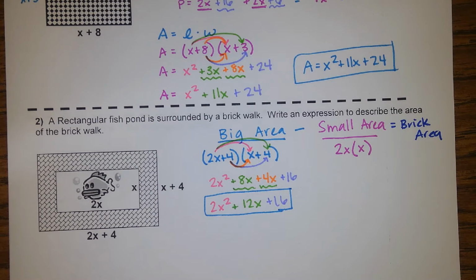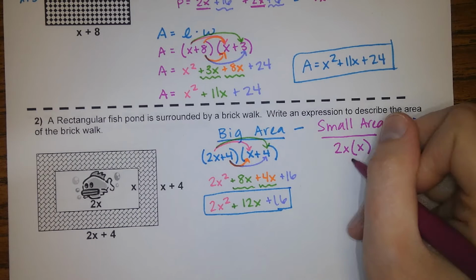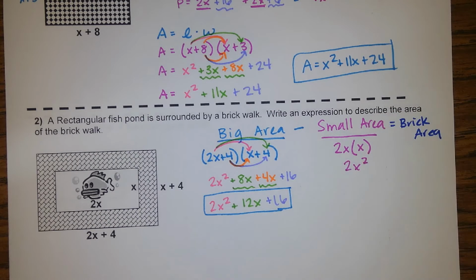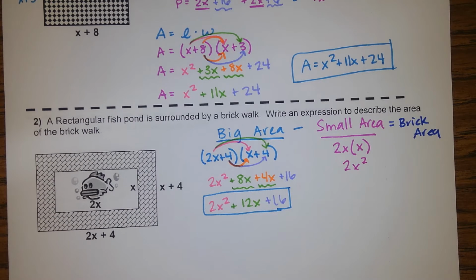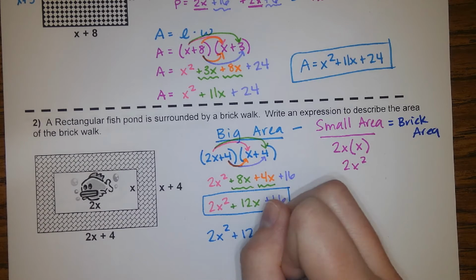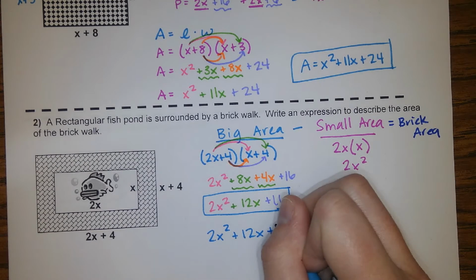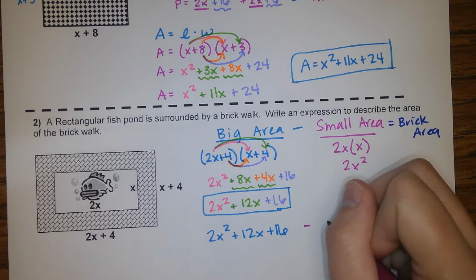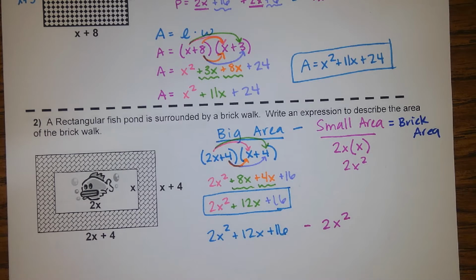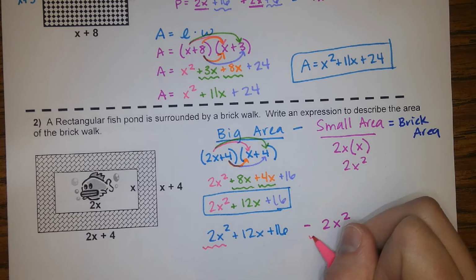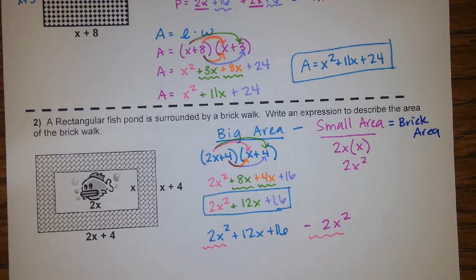Now our small area is just going to be 2x times x, which will just give us 2x squared. So how we can rewrite this now is we can rewrite it as 2x squared plus 12x plus 16. And then we are going to subtract our small area, which is 2x squared. And we see that 2x squared and 2x squared are like terms.